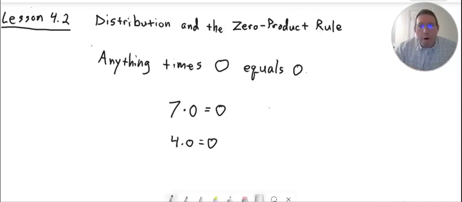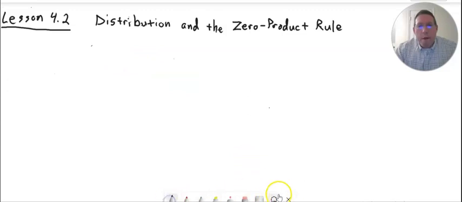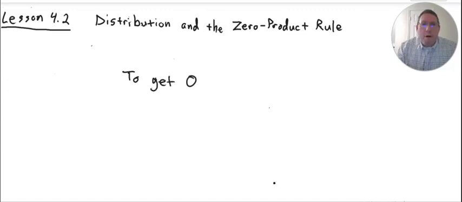You already know that part, but you may not be as familiar with the second part of the zero product rule. The second part basically says that if your answer is 0, I'm going to use middle school language here, or elementary school language maybe.